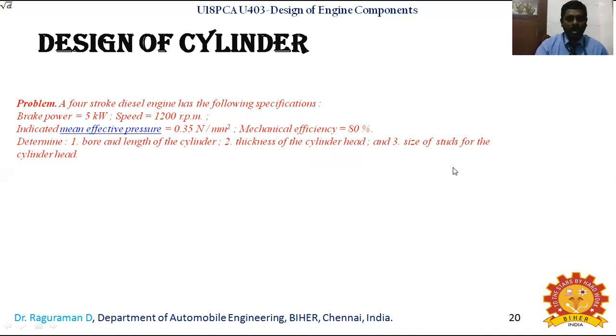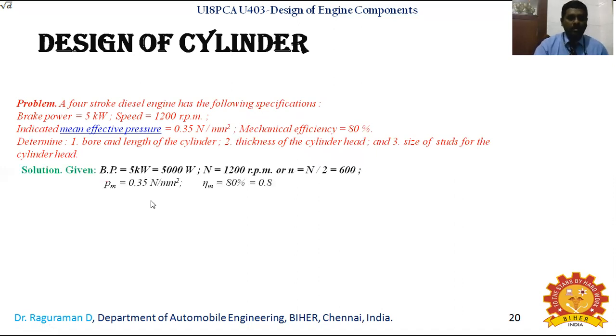So the first step is writing the given data. The brake power is 5 kilowatts, so you convert it into watts, and the speed is given as 1200 rpm. Since it is a 4-stroke engine, small n is N by 2, that is 600 rpm.